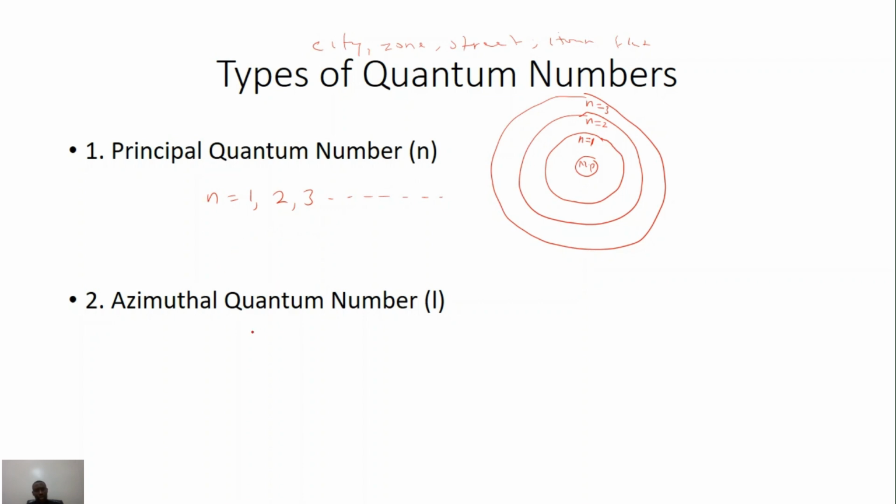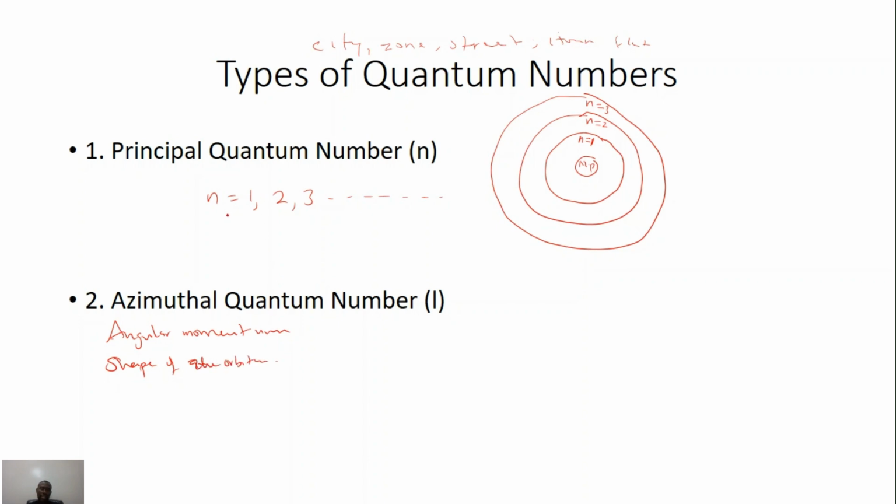The second number is the azimuthal quantum number. This describes the angular momentum and also the shape of the orbital that contains the electron.